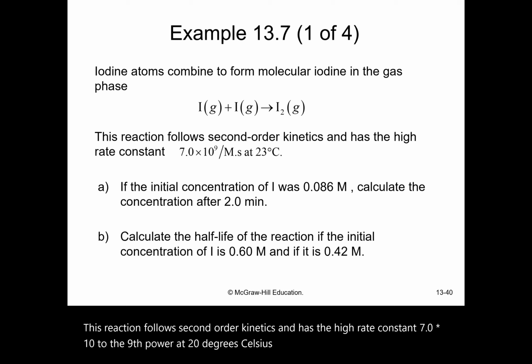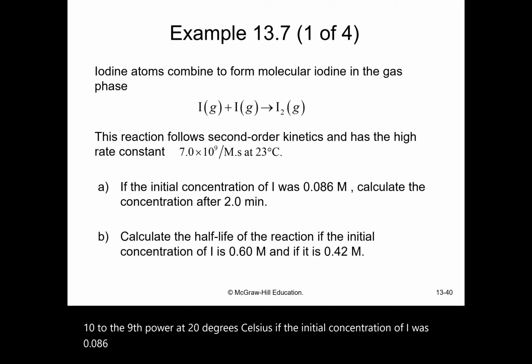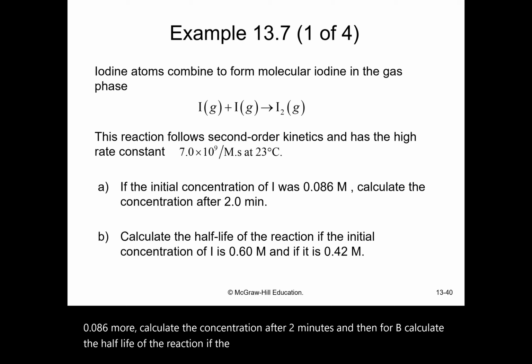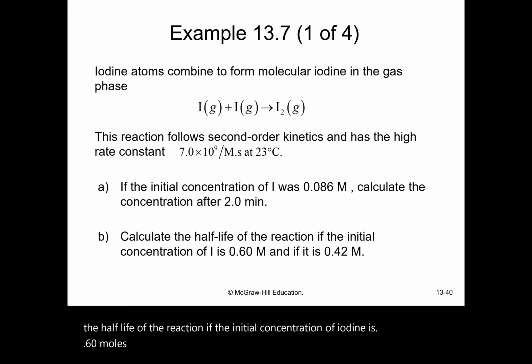If the initial concentration of I was 0.086 mole, calculate the concentration after 2 minutes. And then for B, calculate the half-life of the reaction if the initial concentration of iodine is 0.60 moles and if it is 0.42 moles. So take a minute to see if you can solve this problem.